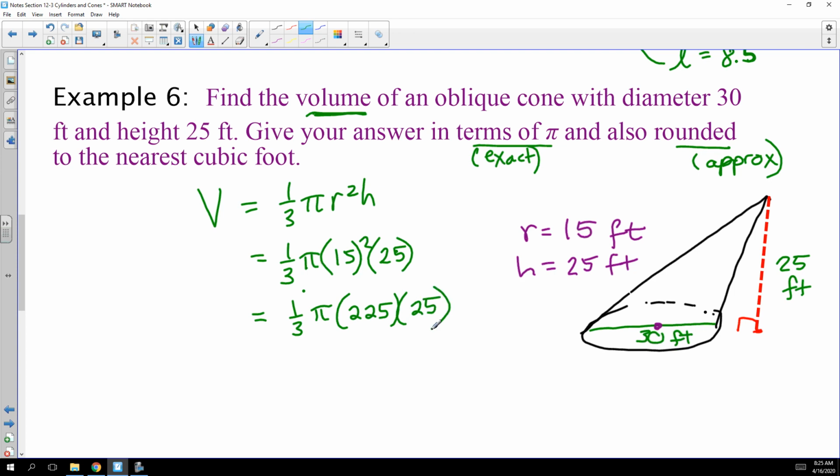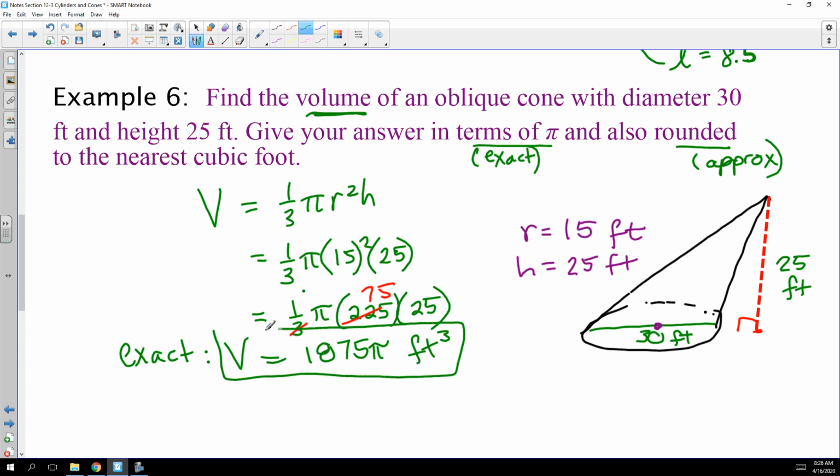I like to cancel. I try not to use my calculator as much as possible. 3 into 225 is 75, and 75 times 25 is 1875. So as an exact value, this is 1875 pi cubic feet, right? This is an exact value.